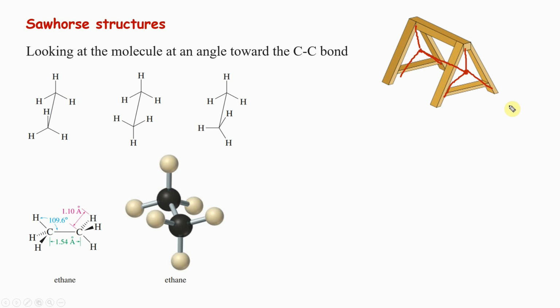If you view along this bond, இந்த பாண்டுக்கு நேரா இங்கேருந்து நீங்கள் பார்க்குறீங்கன்னா that is Newman. Correct? If you view from an angle, இந்த சைட்லேருந்து பார்க்குறோம் அப்படின்னா Sawhorse. Straightly if you see, Newman. If you view from a side, you get something like this. So that is Sawhorse. Sawhorse and Newman are exactly the same otherwise, just the viewing is different.